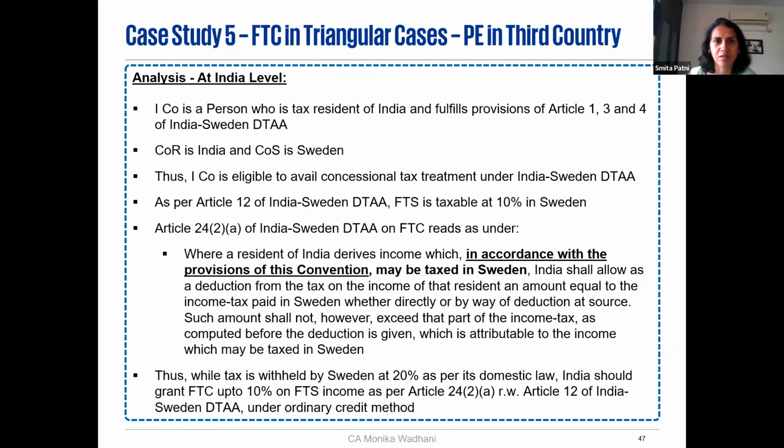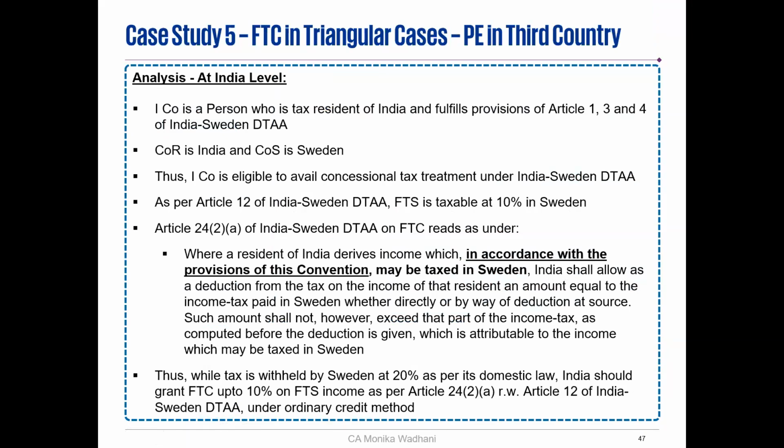What I mentioned here is that, as per the facts of this case, the withholding done in Sweden is at 20% as per domestic law, whereas the FTS income article as per the India-Sweden treaty gives the taxation right to the source country only up to 10%.